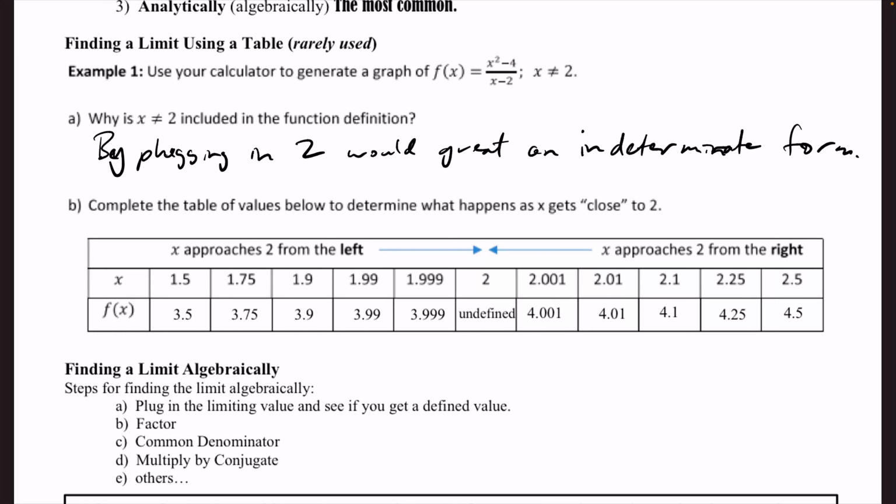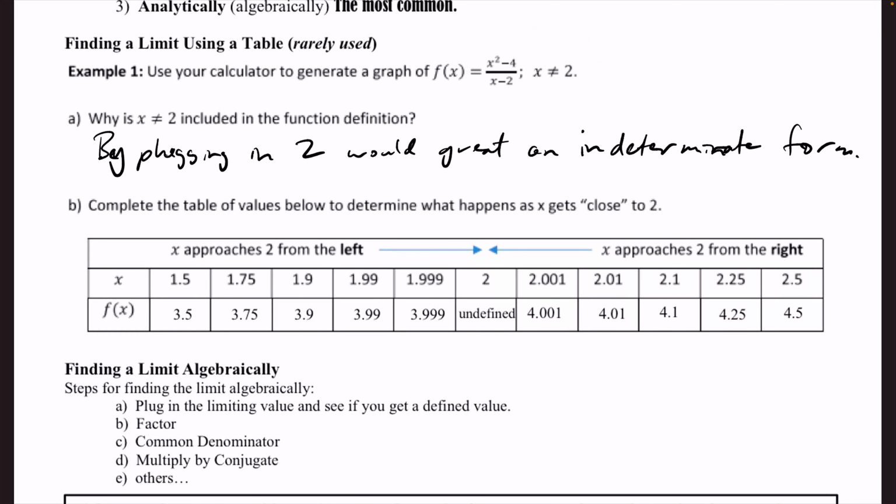So what I did was I plugged in a bunch of numbers. I plugged in 1.5, 1.75, 1.9, 1.99, 2, 2.001, 2. I plugged in all of these numbers into the calculator, into this guy right here, right? It says undefined, but really it's indeterminate, right? We talked about that. I just put undefined because I think that's what the calculator put. I think Desmos will call that undefined, even though it's really not.